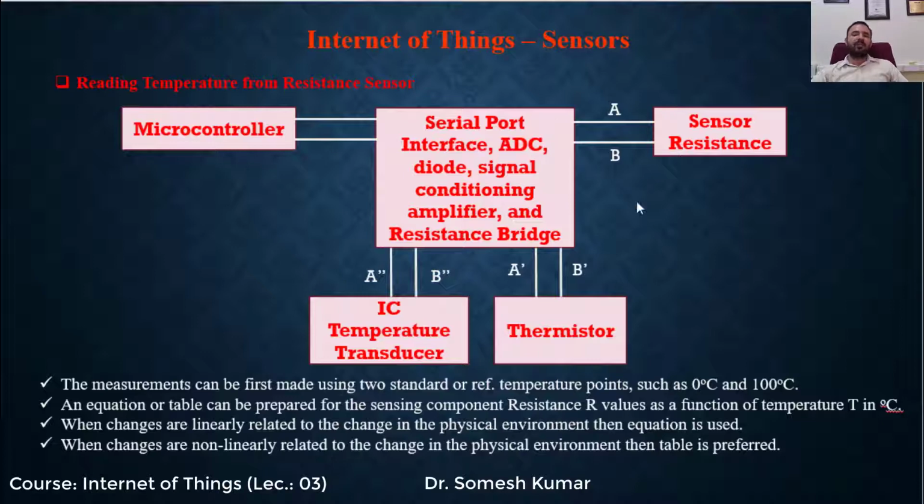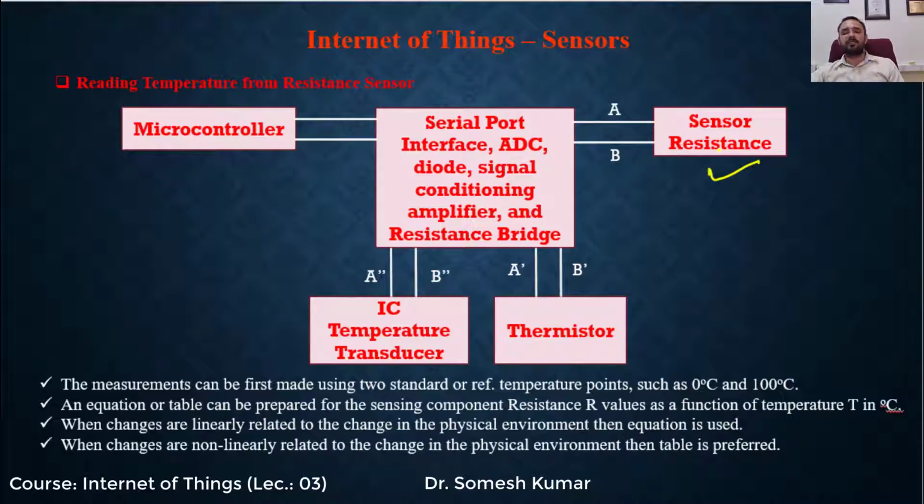So here I am taking one example to read the temperature. So here this is our temperature sensor. Actually, this temperature sensor works on resistance. Fine, means the physical quantity temperature variation is noted in the form of an electrical quantity, and the electrical quantity here is the resistance.